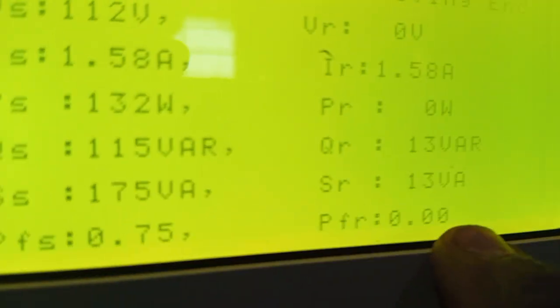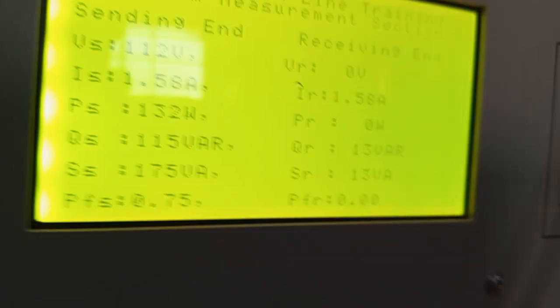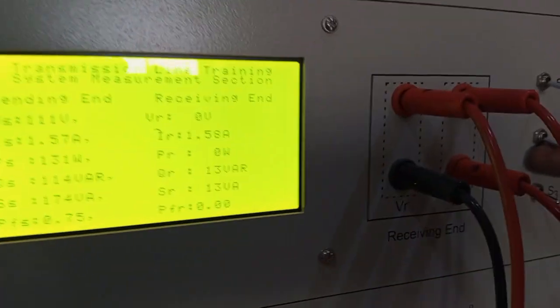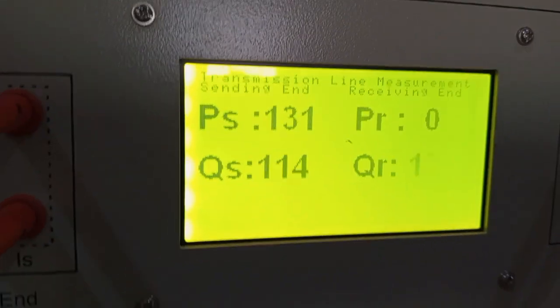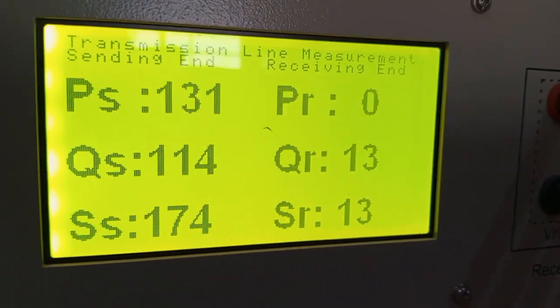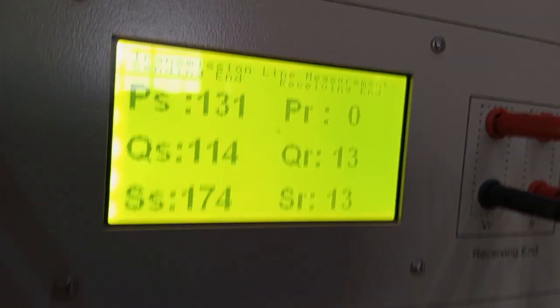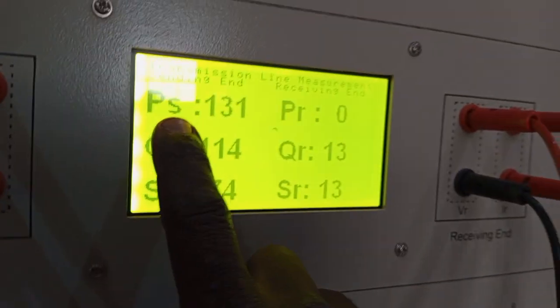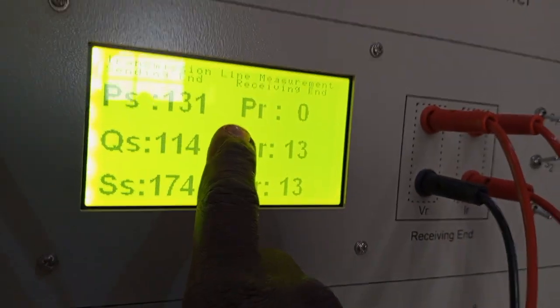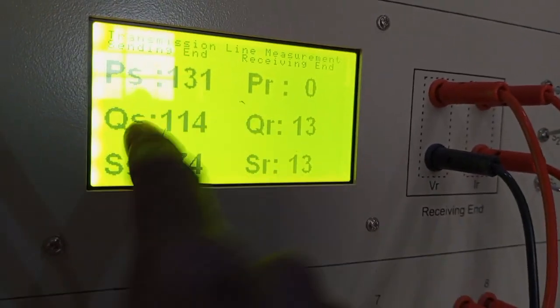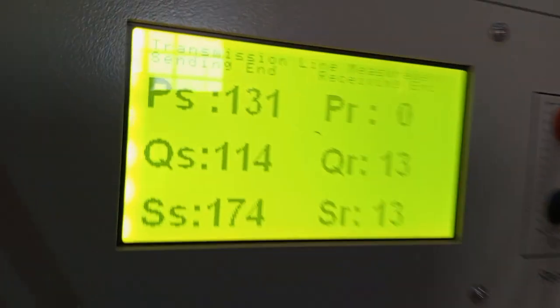Here we do not have any power factor because of the voltage on it. Okay, now you can see we have another value here. The power at the supply, at the sending end, is 131. That's with all of them, we did this one too.